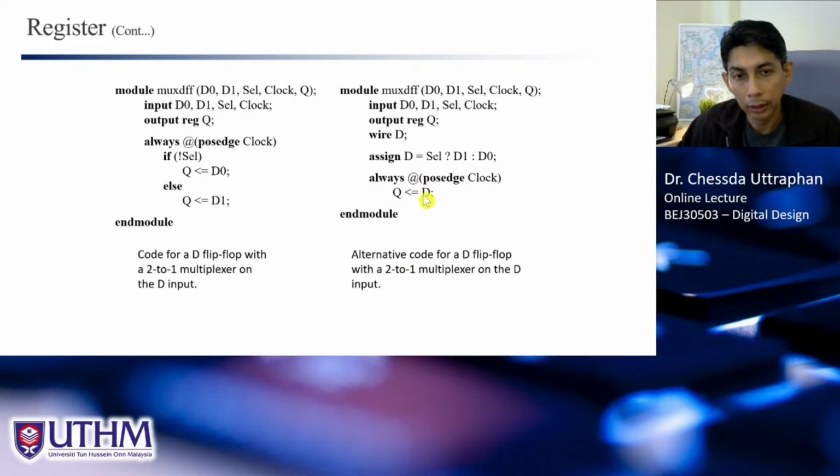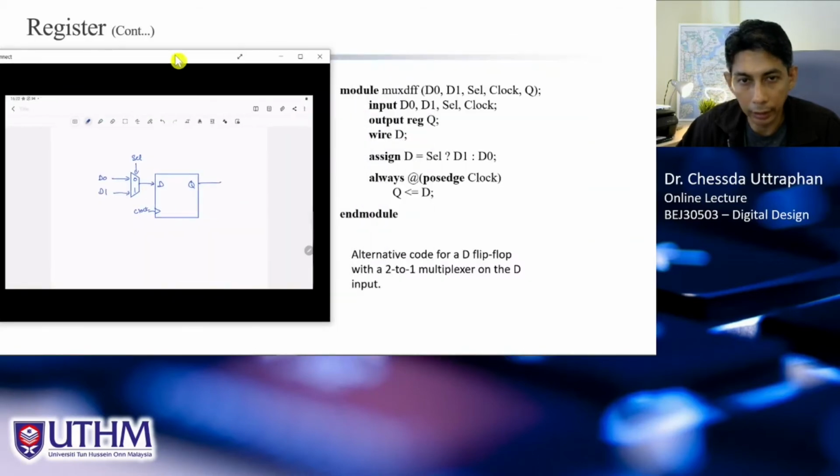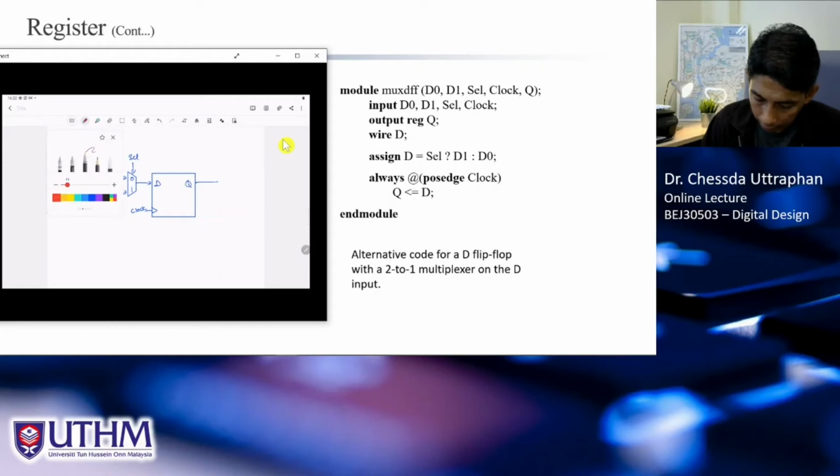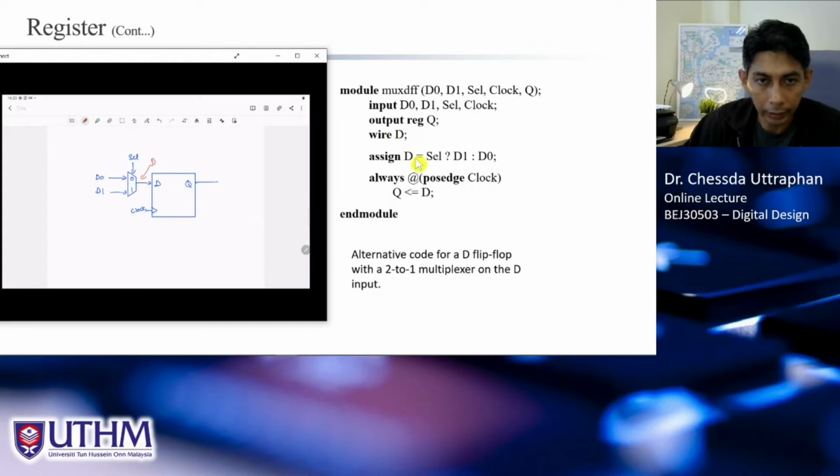Or we can use this style of coding or modeling. We can create the multiplexer first before the flip-flop. So this also will give you the same circuit like this. Here is this multiplexer. Of course, you will have a D signal here. You name this as wire D. If select equals 1, D will equal D1, and if select equals 0, D will equal D0.